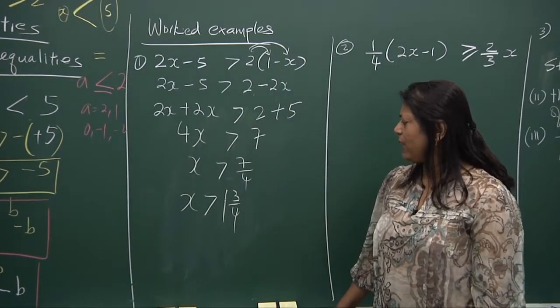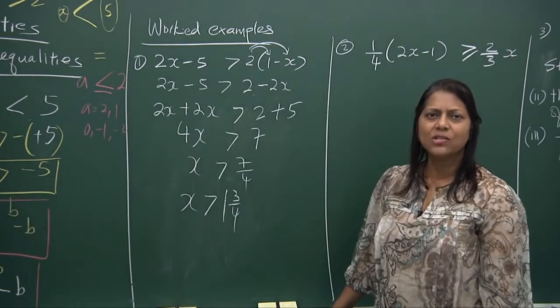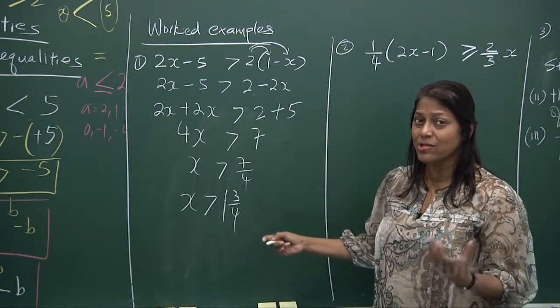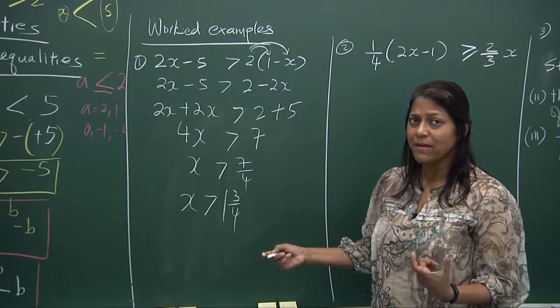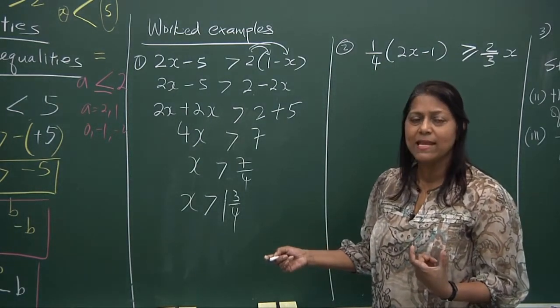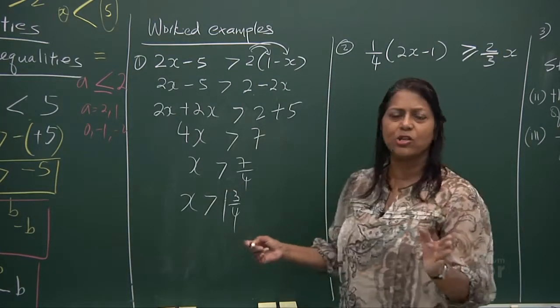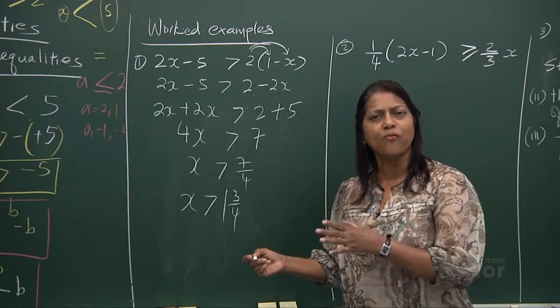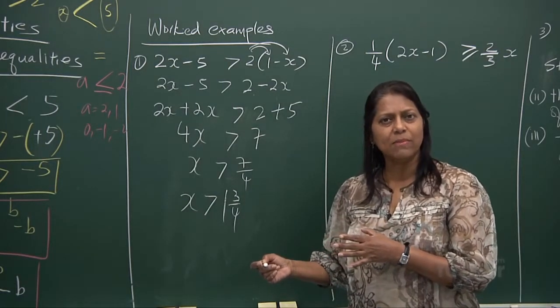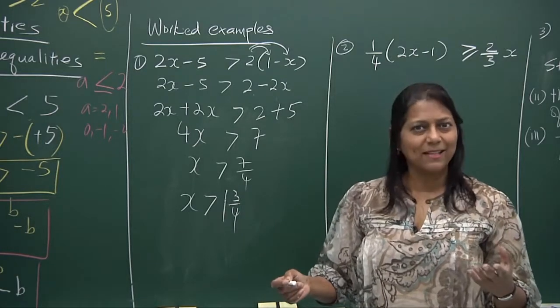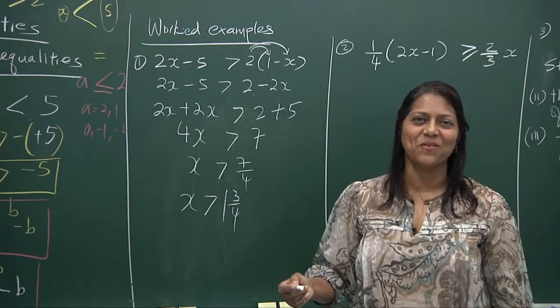If they ask what is the largest integer, it's also going on. The only difference between an integer and a whole number is that whole numbers are 0, 1, 2, 3, 4, 5. Whereas an integer can be positive, it can be negative, and it can be a 0.